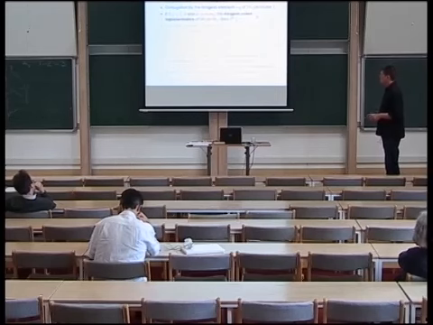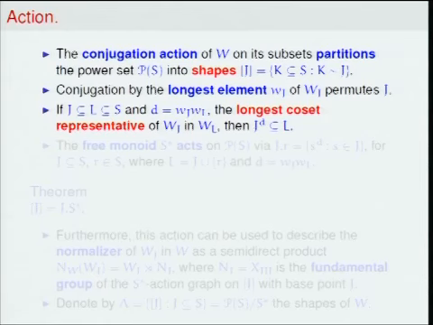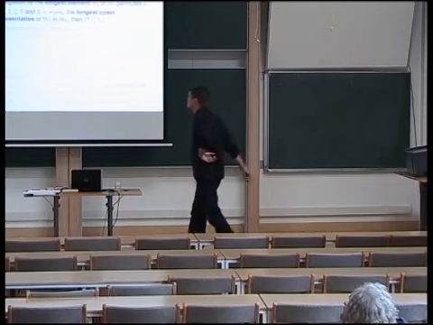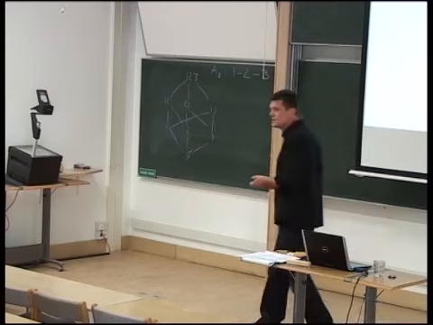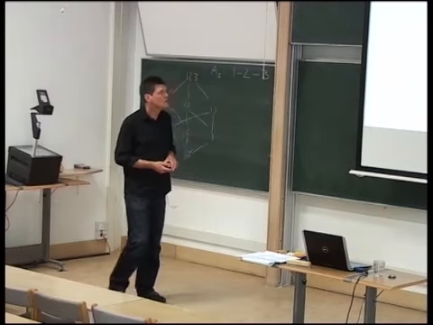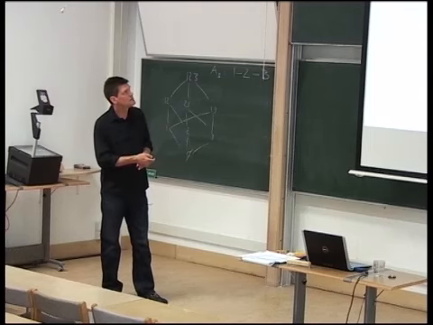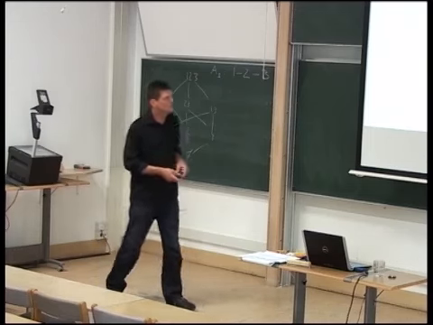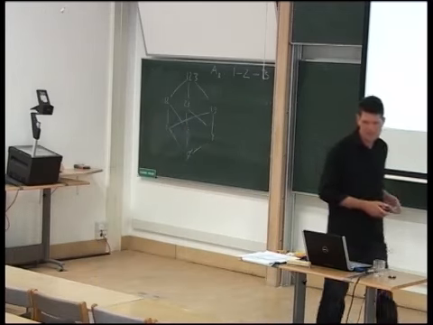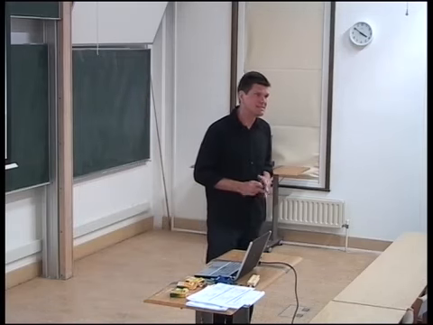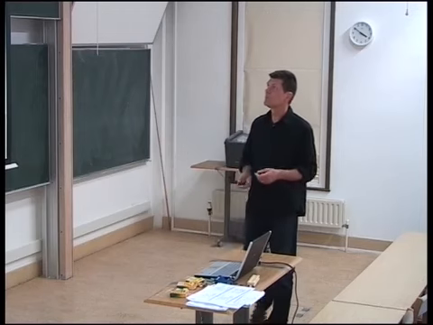If one looks at a chain of parabolic subgroups, J inside L inside S, then one can consider the product, or if you want, the quotient of two longest elements, Wj times Wl. This is, as a matter of fact, the longest coset representative of Wj in Wl. And its effect on the subset J of L will be that the conjugate of J by D is still a subset of L.